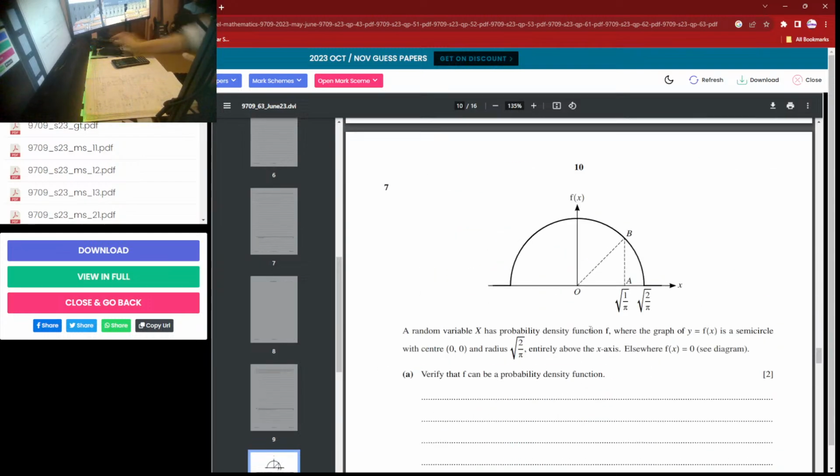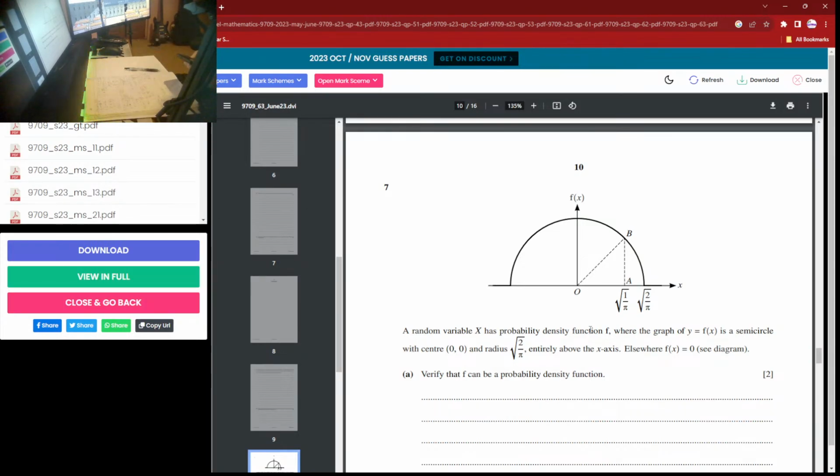Okay, moving on. 7. Verify that f can be a probability density function. For this one, we know that the radius is root 2 over pi. So the area is pi r squared. Sorry, half pi r squared, because it's a semicircle.